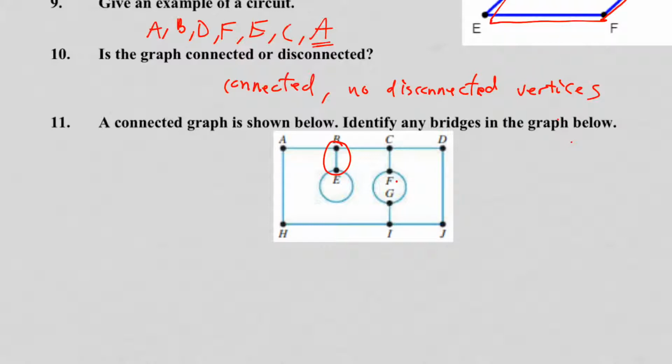Now, if you take them both out at the same time, but that's not really the definition of a bridge. Okay? It's just one bridge at a time. Okay. So definitely the answer is B and E. CF and GI are not bridges. Okay.